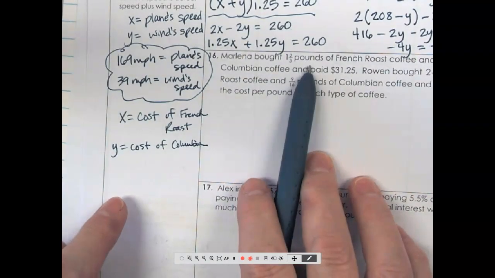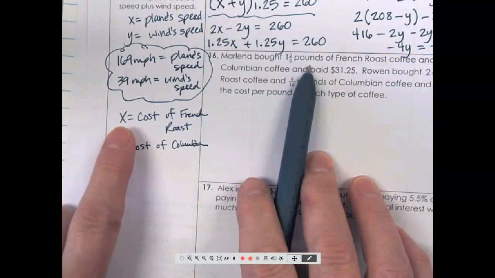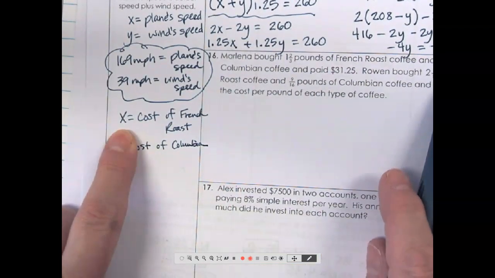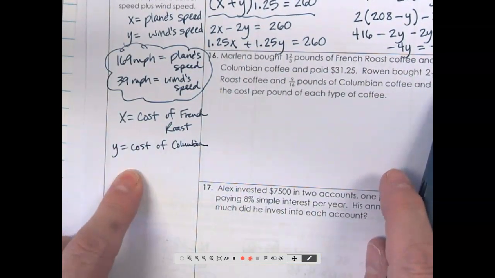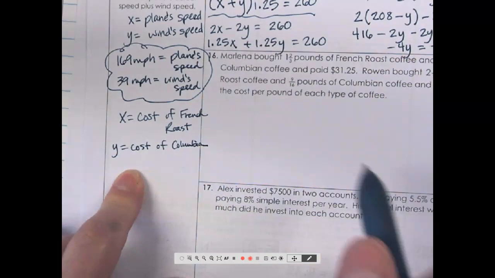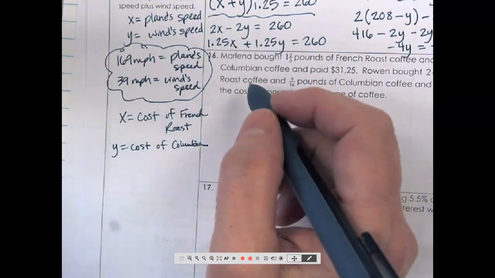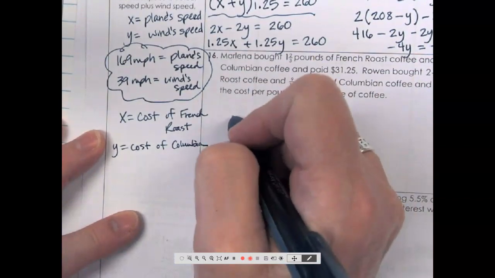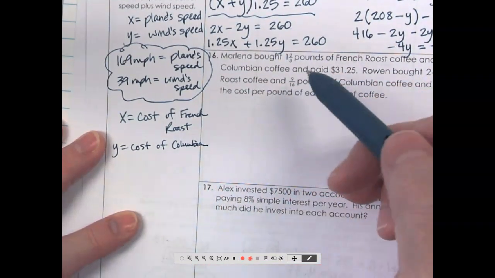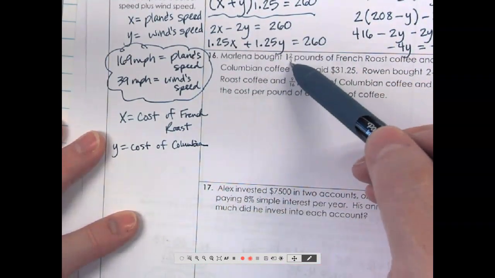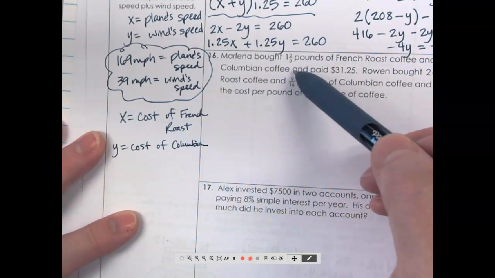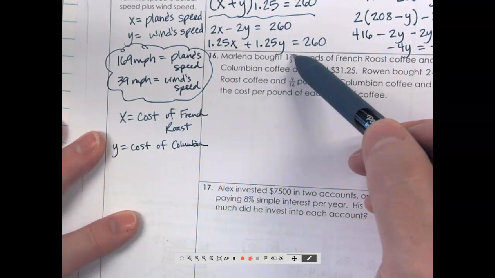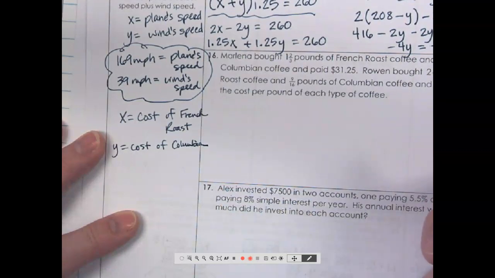Well, each pound of this cost X. Each pound of this cost Y. So to calculate the cost, you would take how much times the cost per pound. So 1 2/3, I don't want to use a decimal because that's a repeating decimal. So let's change it to an improper fraction. That would be 3 plus 2 be 5/3. Remember how to do that?